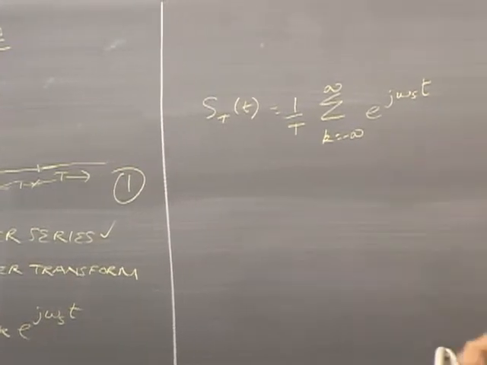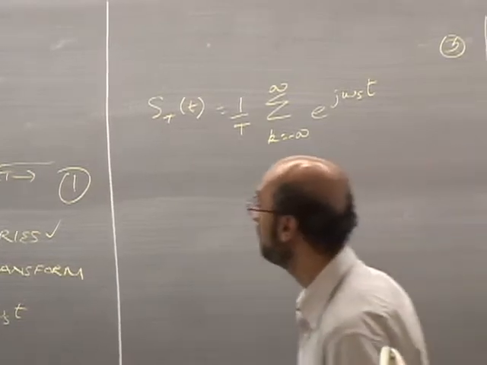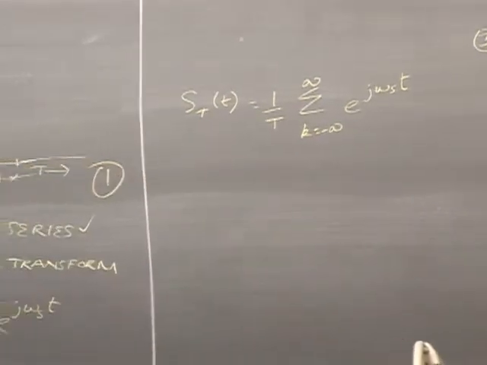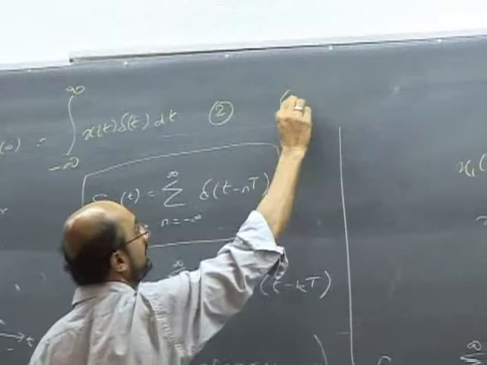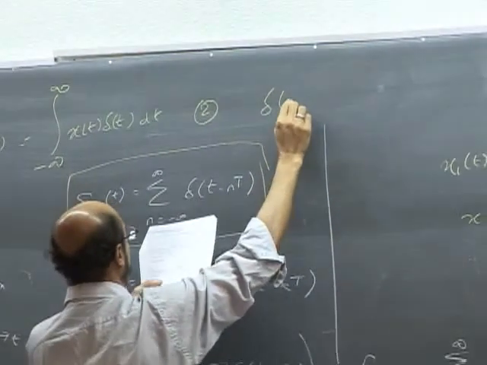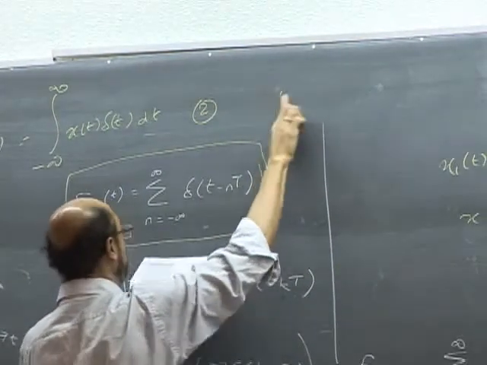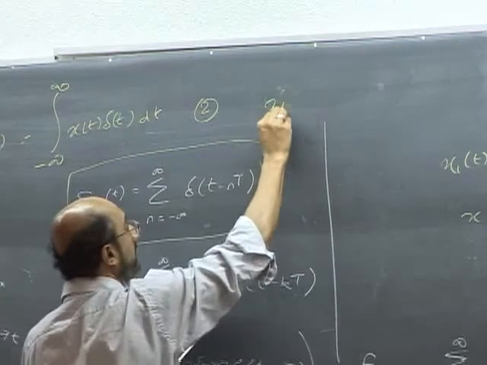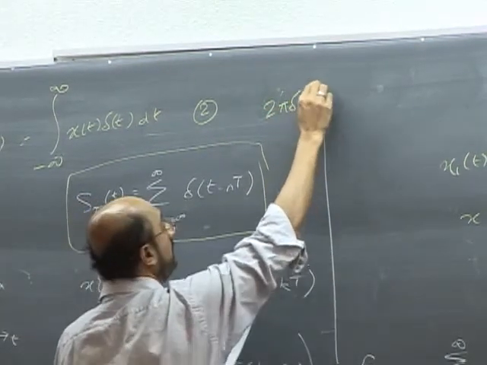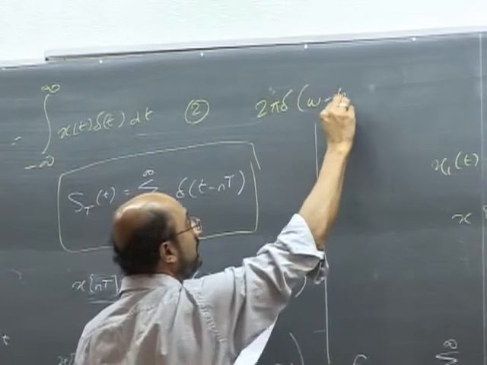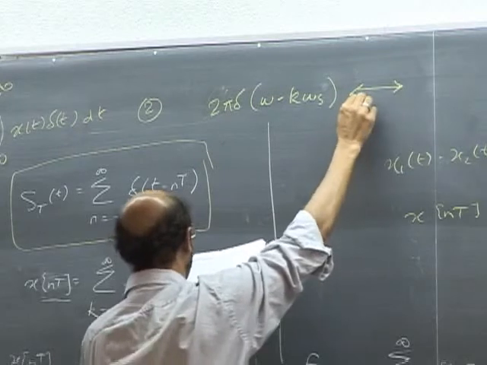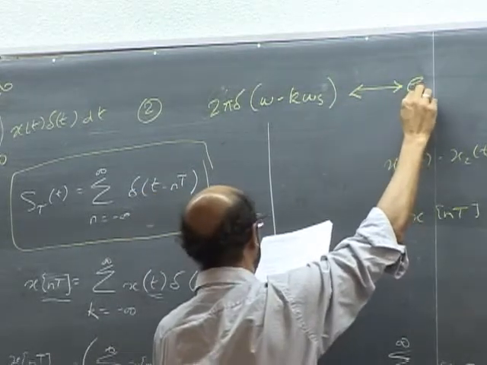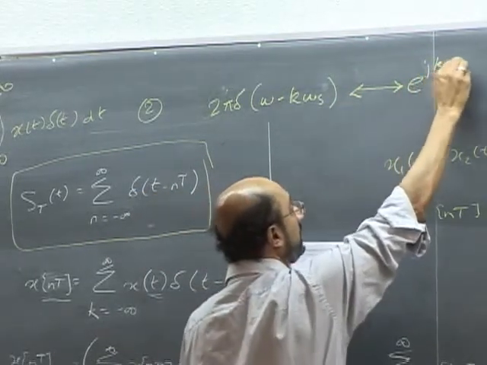What is the Fourier transform of e to the jk omega_s t? Well, another fact. I'm going to put this fact over here; this is fact number 1. The other fact we have is that 2 pi delta(omega minus k omega_s) is the Fourier transform of e to the jk omega_s t.